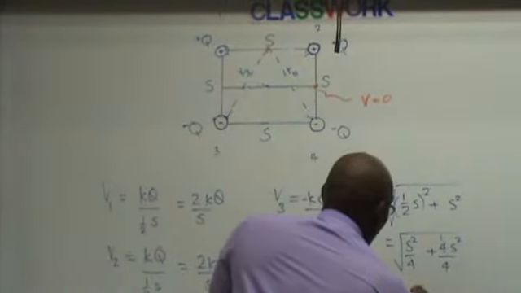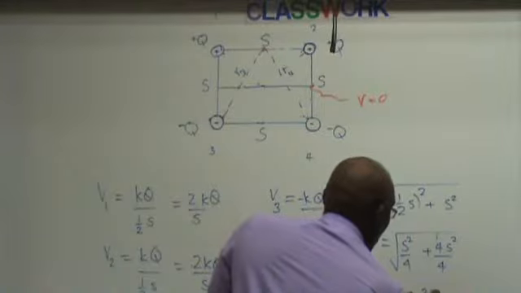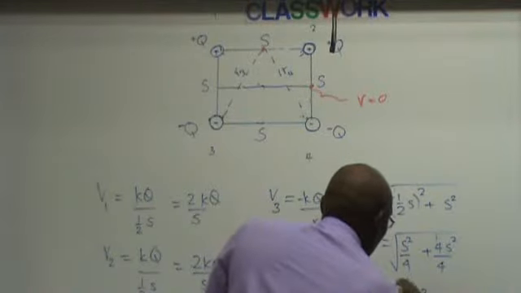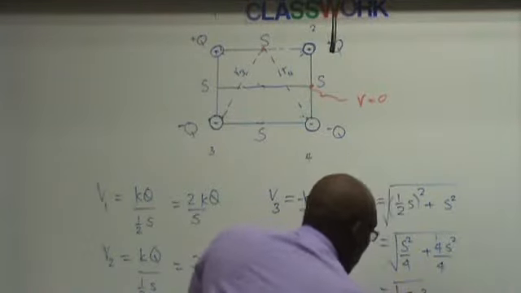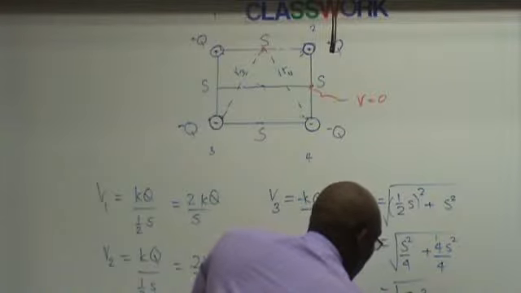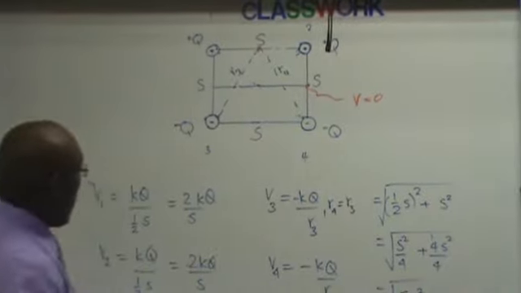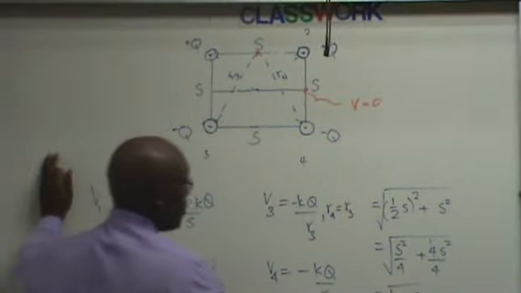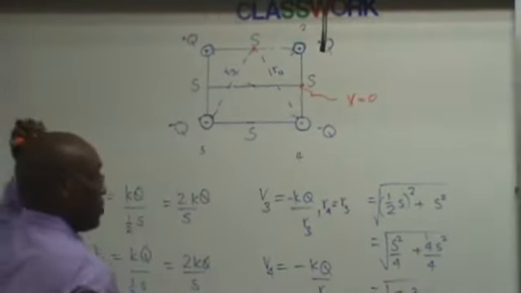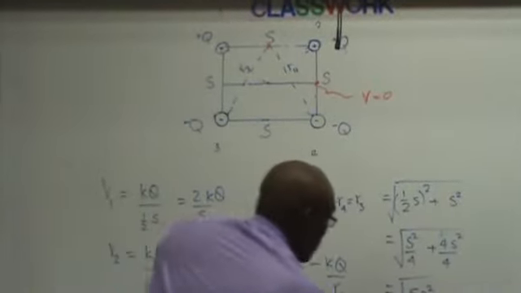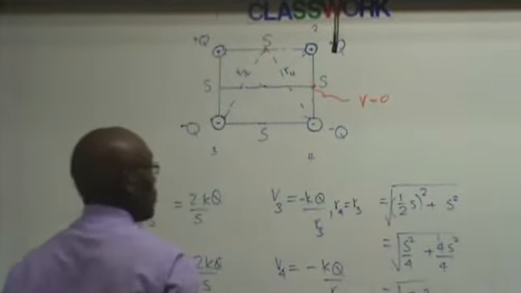It gives me 5S squared over 4. Square root, so now I can take the square root, which is the square root of 5 times S over 2. That's what my R3 and R4 is.